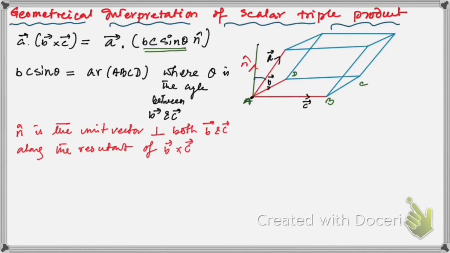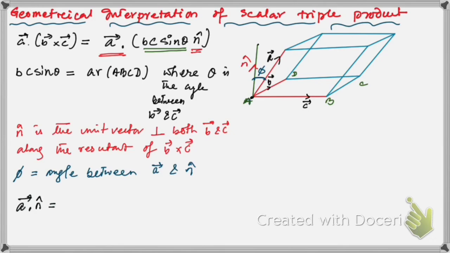Now you see, suppose the angle between vector A and n cap is phi. Then A dot n cap is given by A into 1 into cos phi, because n cap is a unit vector and its magnitude is 1, so we get A cos phi.